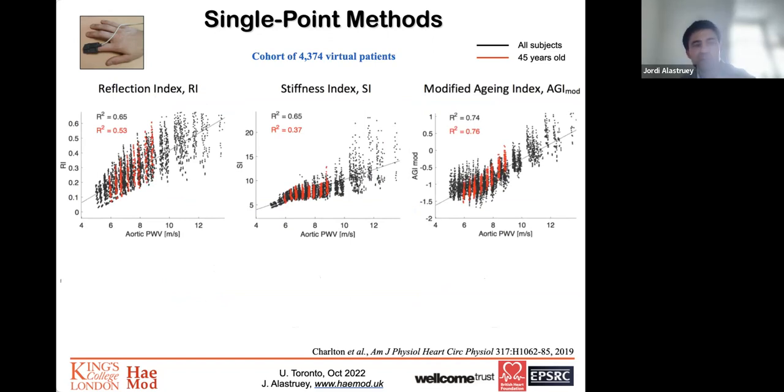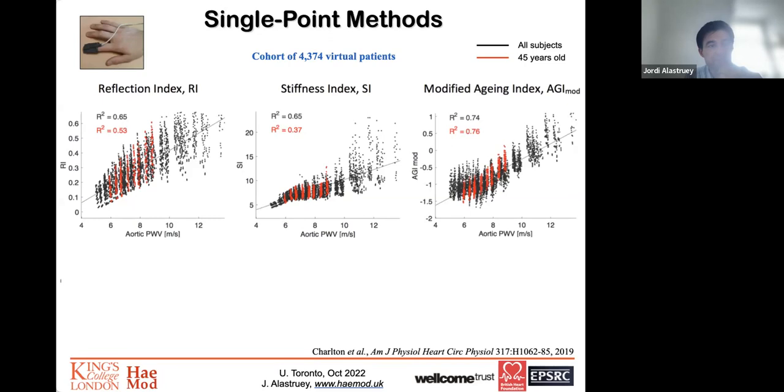We observed that all these three indices correlated with aortic pulse wave velocity, with coefficient of determination values ranging from 0.65 to 0.74. This indicates that these indices may have utility for assessing aortic stiffness, in line with the findings of clinical studies. However, the R2 values for the reflection index and the stiffness index, the first two indices on the slide, were lower when using only data from middle age.